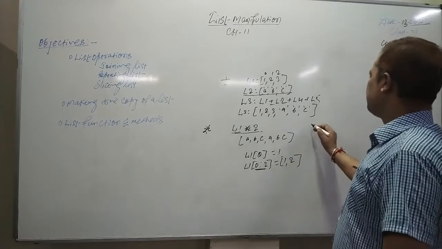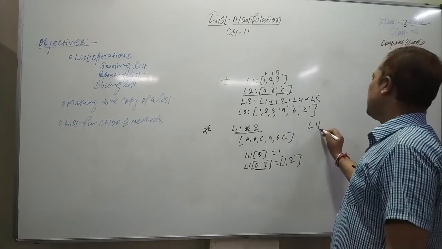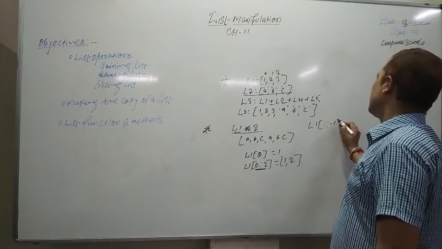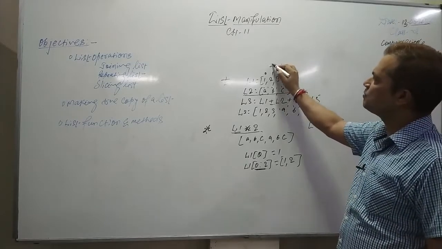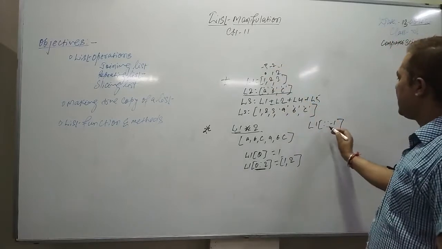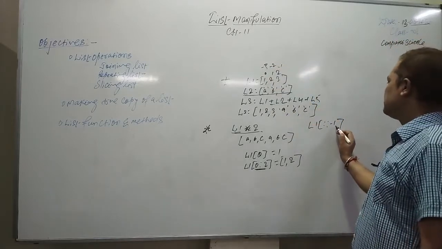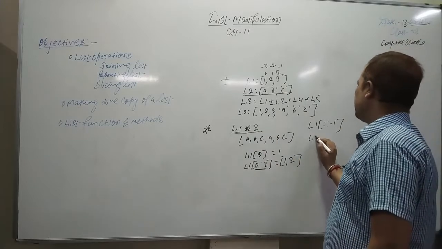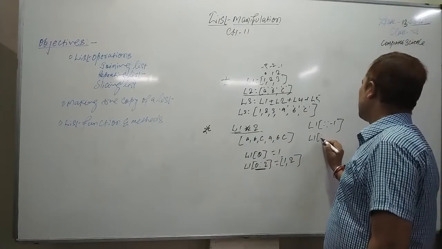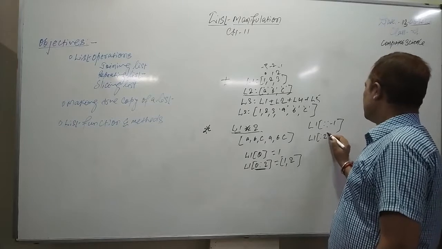You can reverse the complete list if you want, with L1 : -1. It means start from -1, this is -1, this is -2, this is -3, and end with the last. If you want, simply say L1 and then : 2.